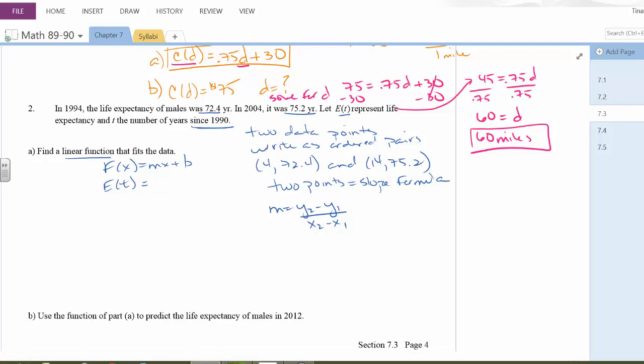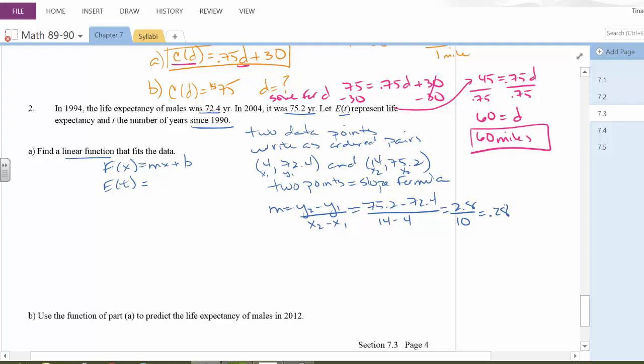So for us, I call one x1, y1, the other x2, y2, and I just plug into the formula: 75.2 minus 72.4 divided by 14 minus 4. And I end up with a numerator of 2.8 and a denominator of 10, reducing to a decimal of 0.28.